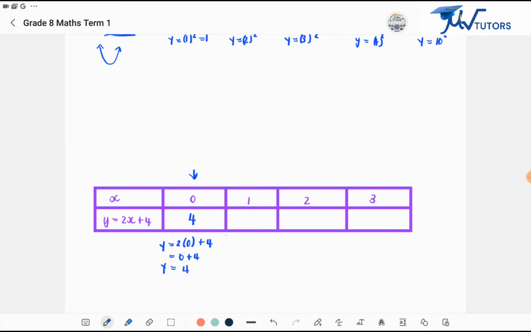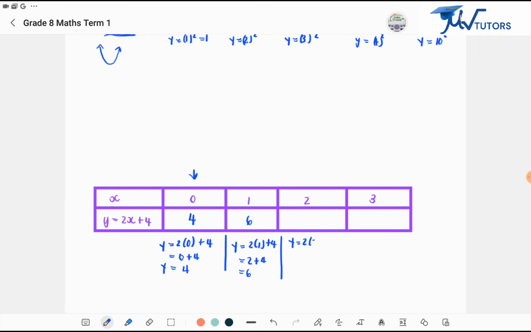If I substitute 1 in the place of x, I basically have 2 times 1, and 2 times 1 is 2. Plus 4, that is basically 6. And you follow the same trend. Okay, in the place of x, we're going to substitute 2.